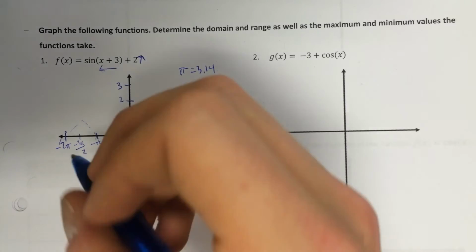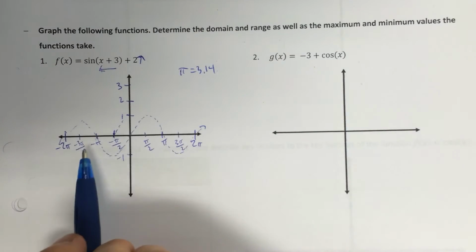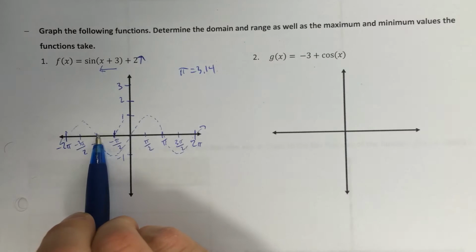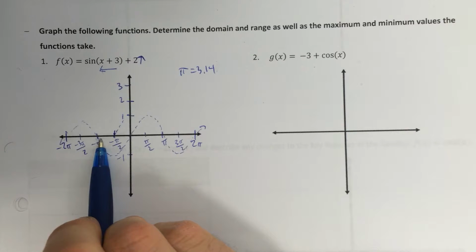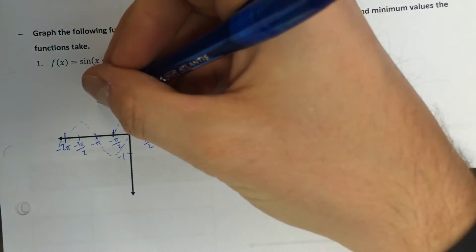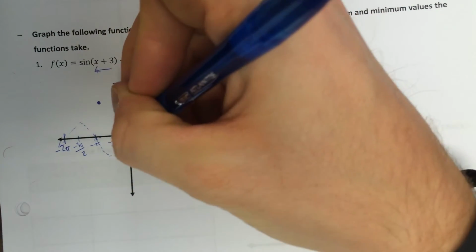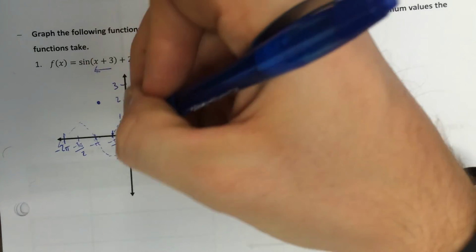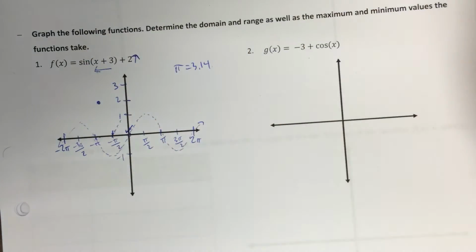I need to shift 3. So what I'm actually going to do is shift it to here, just before I get to negative pi. And then I'm going to shift up. So over 3, up 2. 1, 2. So this point here is there. I'm going to put a check mark next to it because I just graphed that point.